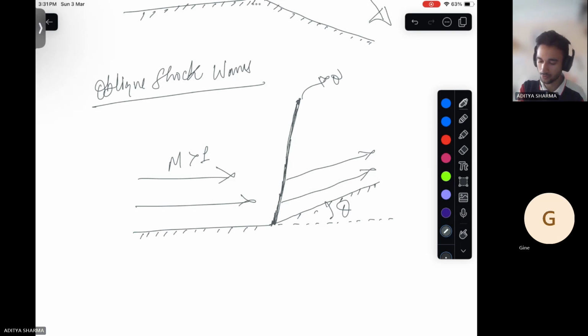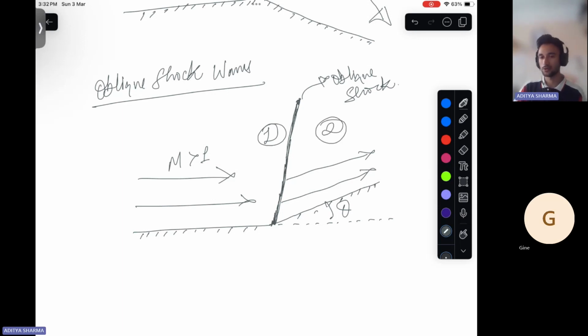The flow direction changes and we get an oblique shock. So this is the condition before the oblique shock and this is the condition after the oblique shock.